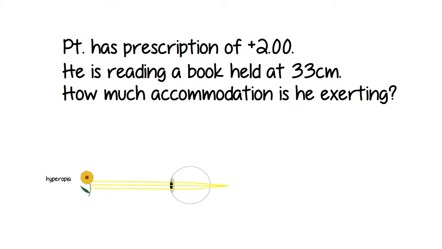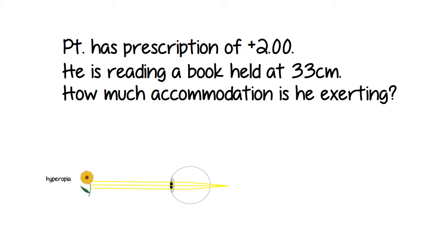Okay, this time we have a patient with an eyeglass prescription of +2. They're a +2 hyperope. This patient is reading without their corrective lenses. If they were wearing their glasses, then they would be considered an emmetropic patient, and we wouldn't at all consider the +2 or the -4 or anything like that.